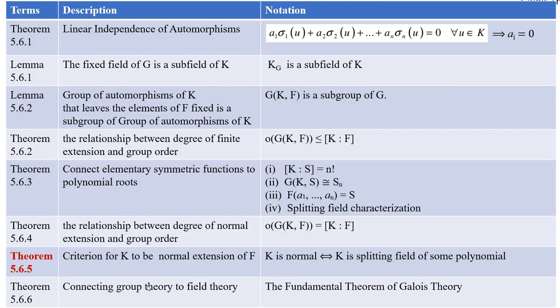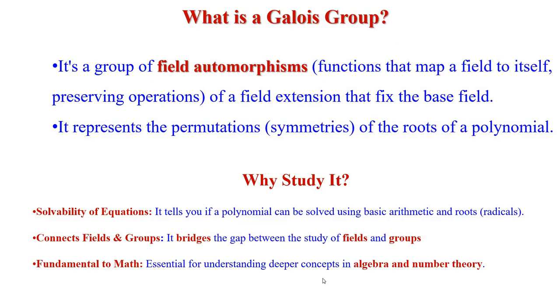Next is the connection between group theory and field theory, the fundamental theorem of Galois theory. So ultimately, what is a Galois group? It is a group of field automorphisms of a field extension K that fix the base field elements.